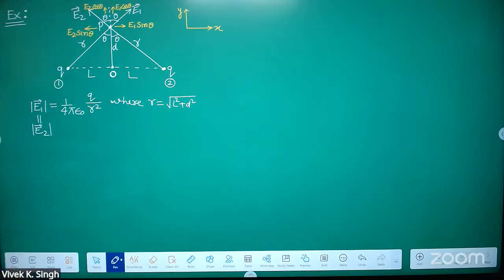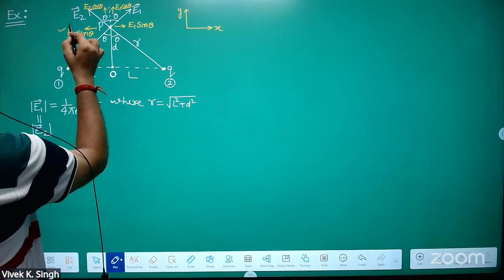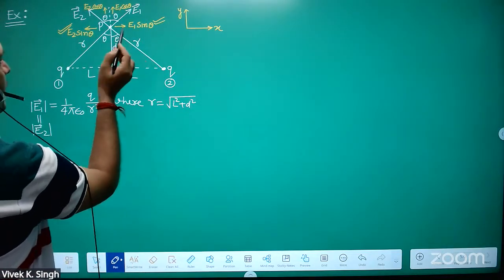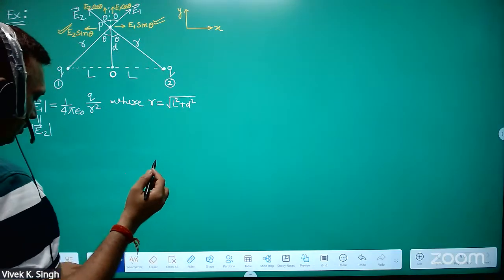Yes or no? Now you will see these two components will cancel because they have the same magnitude and they are in opposite direction. Yes or no?